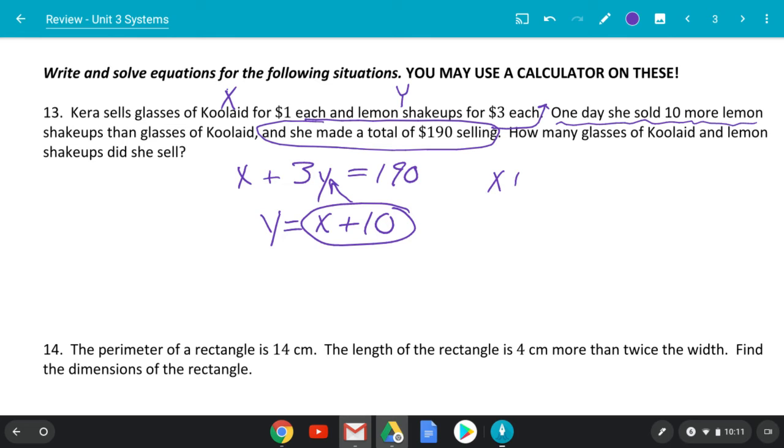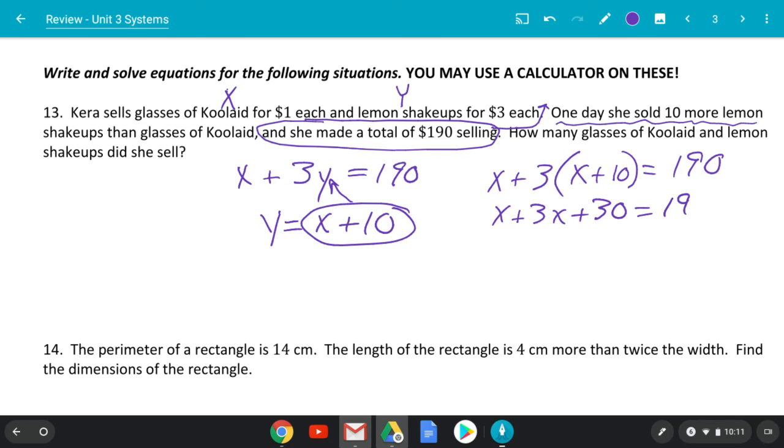So x plus 3 times x plus 10 equals 190. So x plus 3x plus 30 equals 190. 4x equals 160. See, I did two steps there at once.